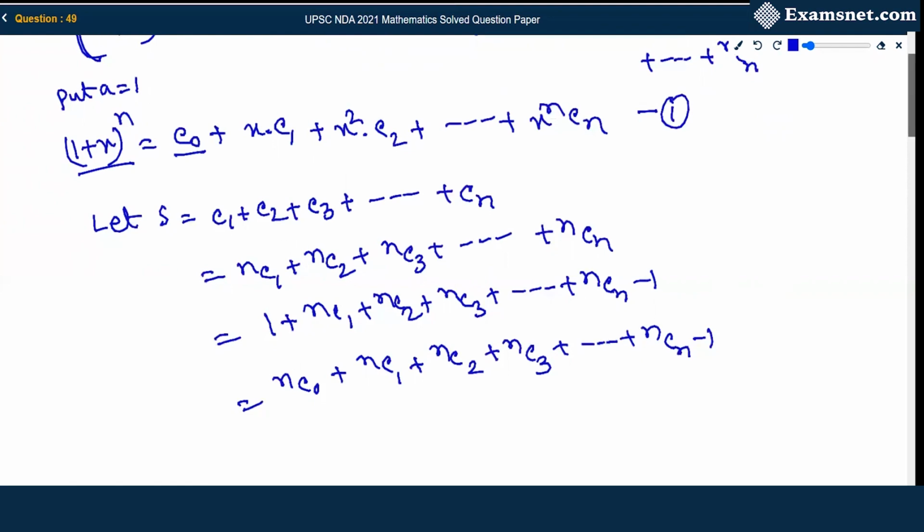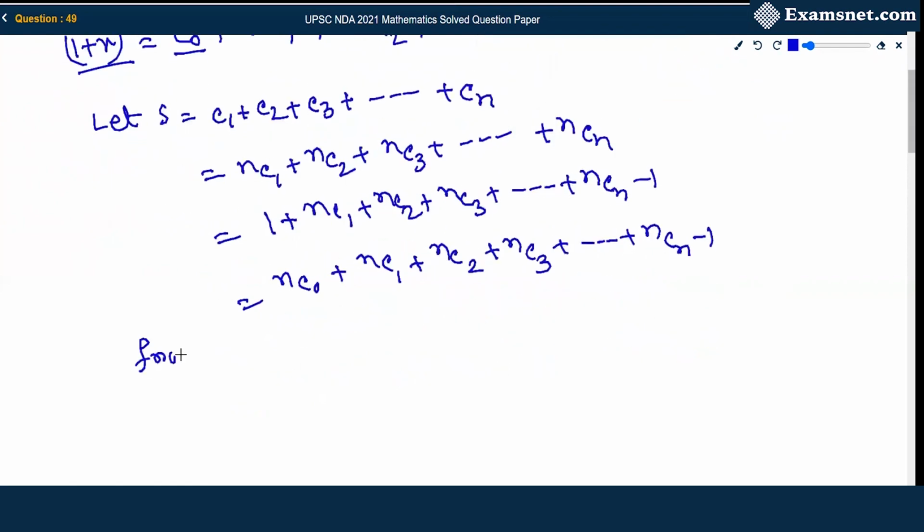So from 1, put x equals to 1, meaning in the place of x we substitute 1.